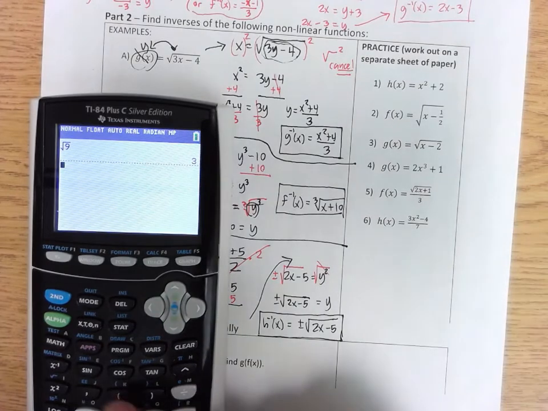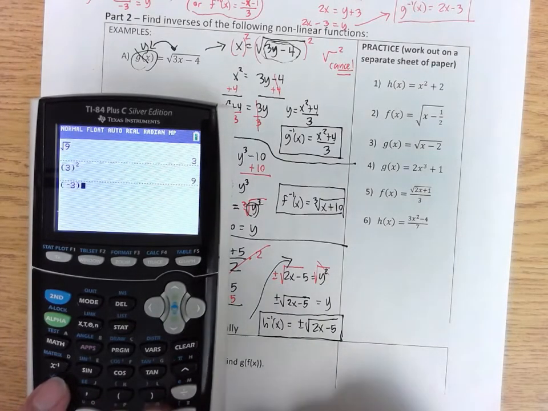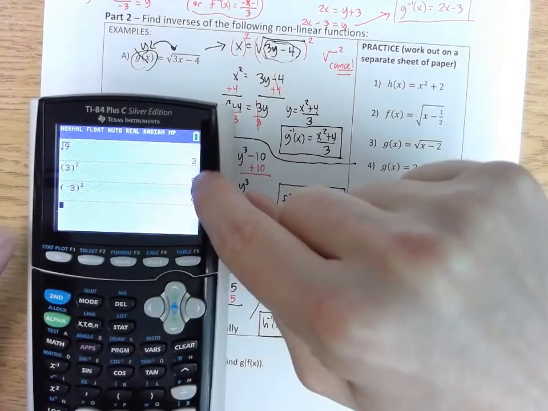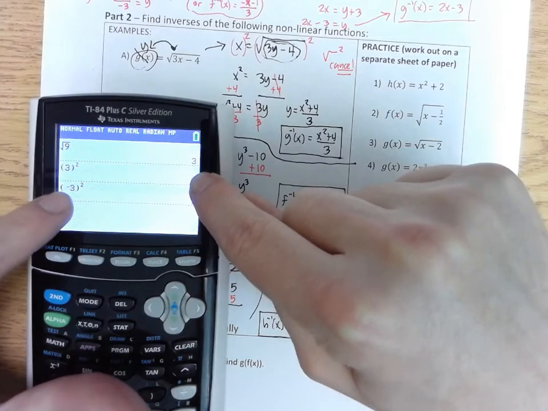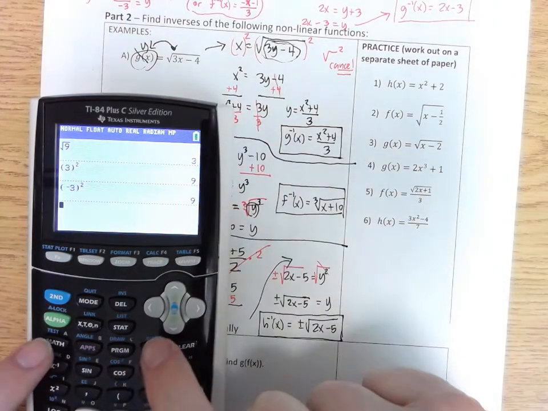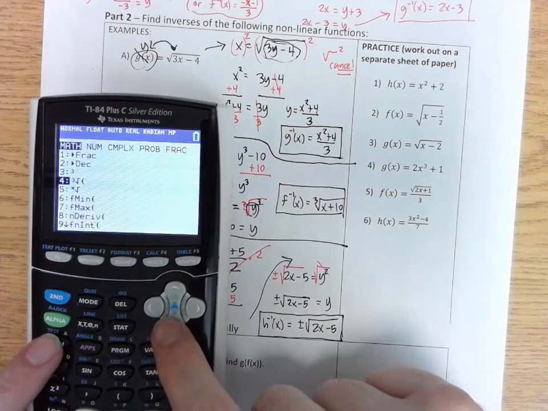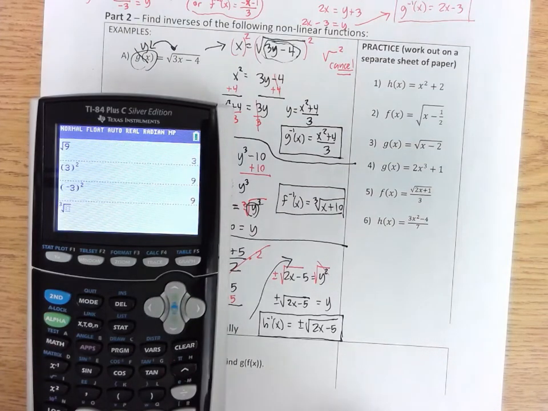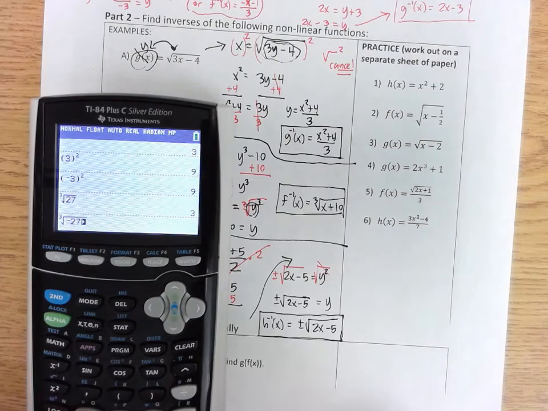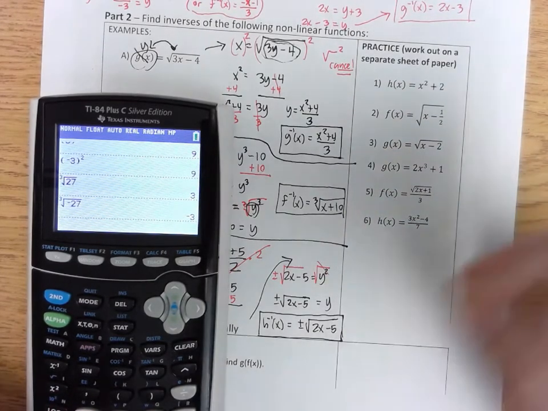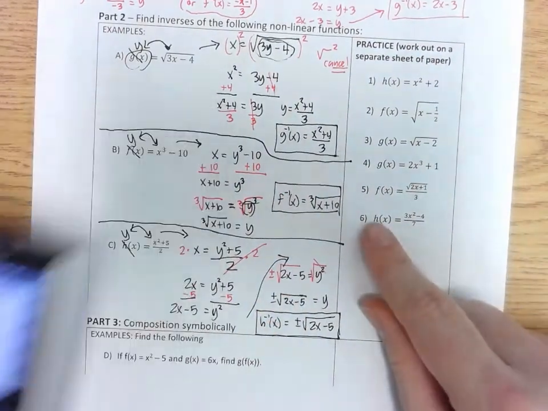However, we know that 3 squared is equal to 9 and negative 3 squared is equal to 9. So the square root of 9 really is a plus or minus 3, a positive 3 or a negative 3. But with cube roots, it's not the same. You know, cube root of 27 is 3. Cube root of negative 27 is negative 3. So that sign is what it is on those, but not for the square roots.